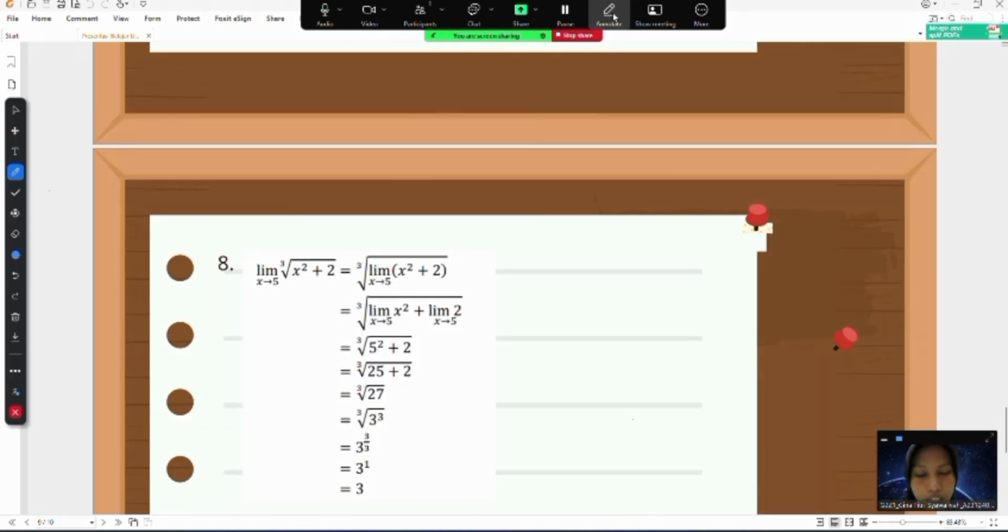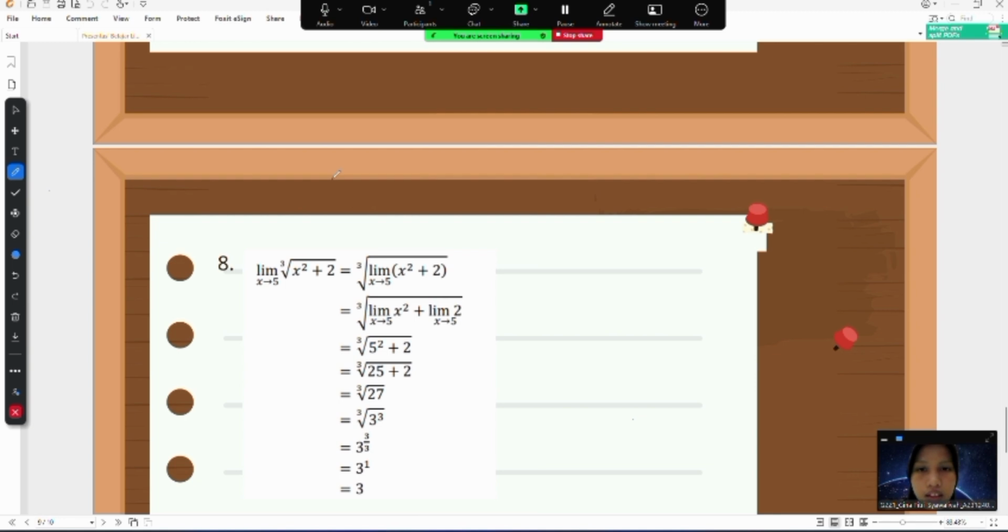Before I close my presentation, I will give you one more example. As you can see, from all of the examples it is easy, we just need to substitute what x approaches.